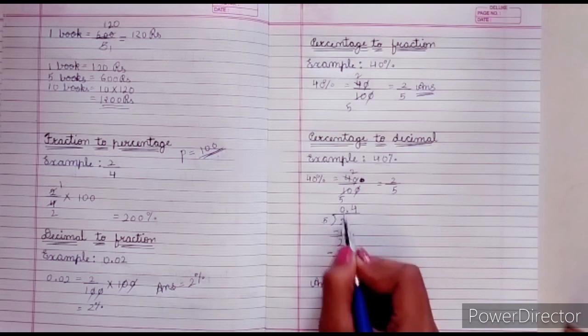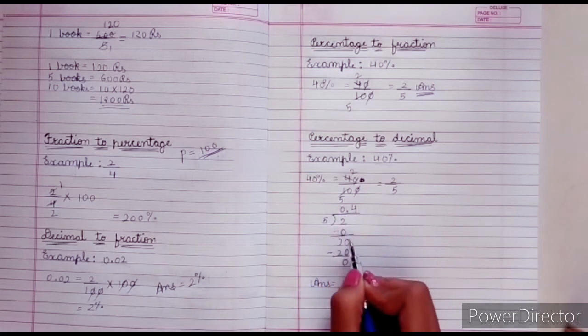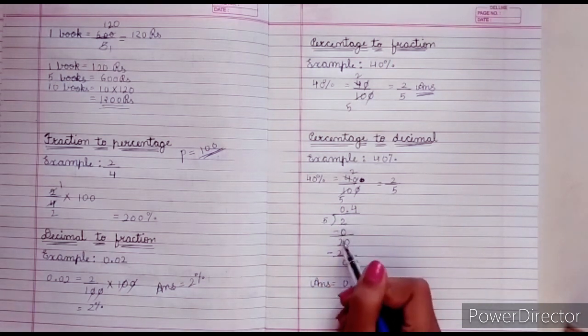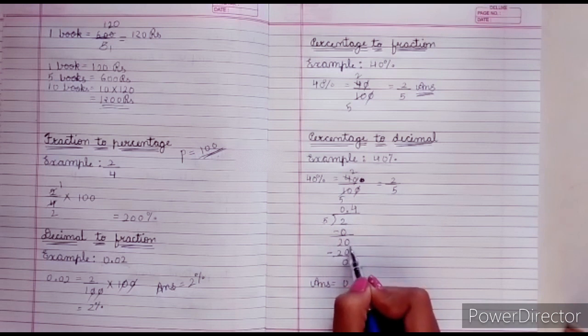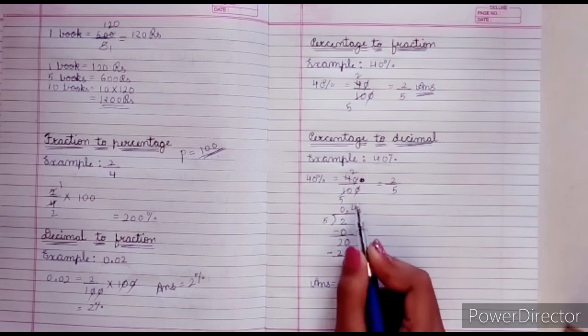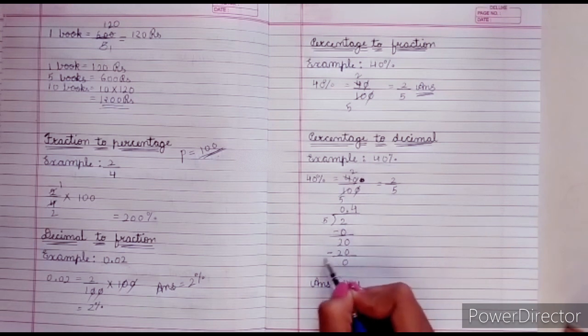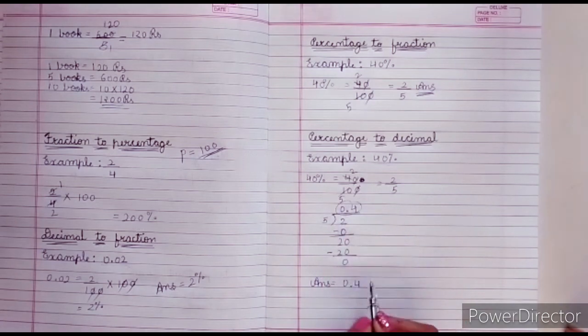So 5 zeros are 0 and we got 2 again. So we'll put a point and add 0 here. So we got 20 and 5 fours are 20. 20 minus 20 is equal to 0. So we got the answer 0.4.